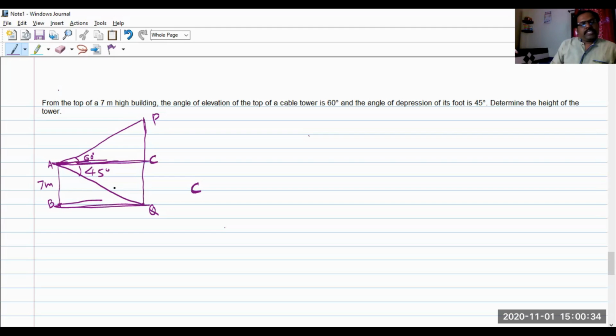Since this one is parallel to this, and if you consider AQ as a transversal, can I say the angle AQB is equal to 45 degrees, which is equal to the same? Yes, we can say it is the same here, right? So here I can say this is equal to 45 degrees, and this will be C.